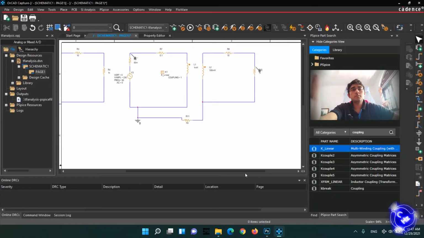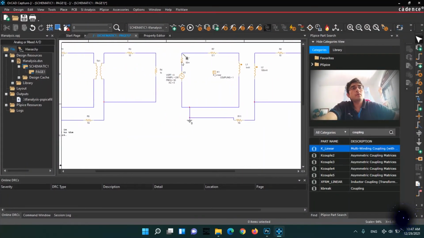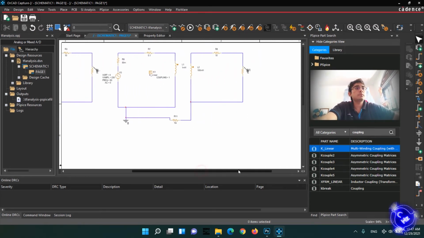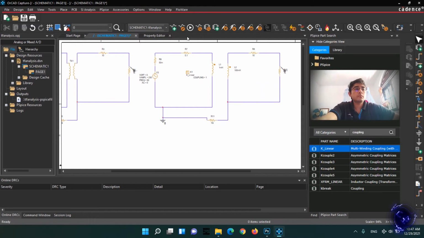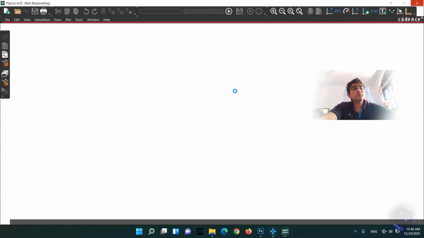Right. So I get the same variations of input and output of the transformer. Right. Let's see the output of this transformer and the output of my next transformer, whether those two are identical or not.